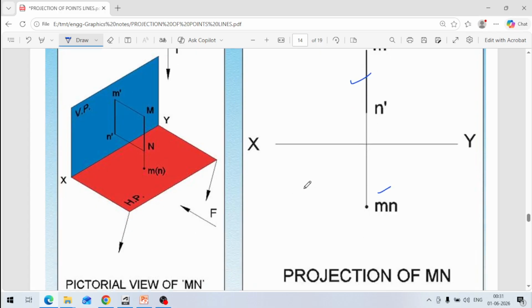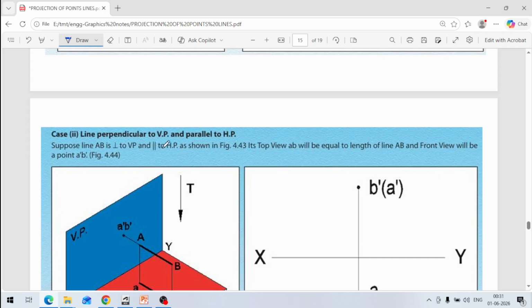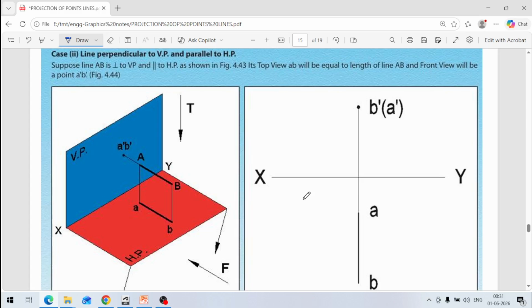Then the next case is the line perpendicular to VP and parallel to HP. Now it is the case when it is parallel to the horizontal plane and perpendicular to the vertical plane. In this case we rotate the horizontal plane by 90 degrees. The projection AB on the horizontal plane is the line AB.